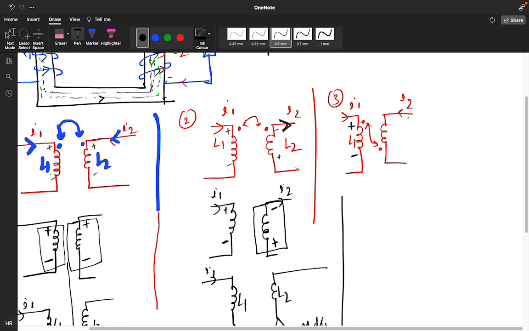And where will it be positive and where will it be negative in this particular third one, in the I2 part? In the I2 part, where will be the positive and where will be the negative? Tell me.